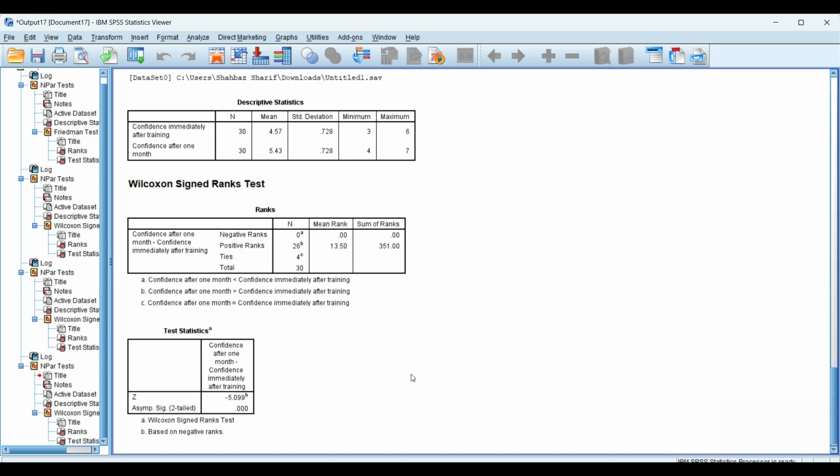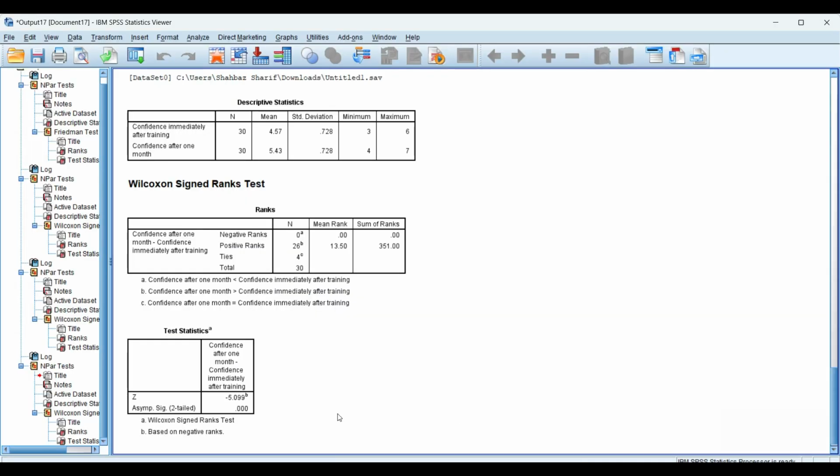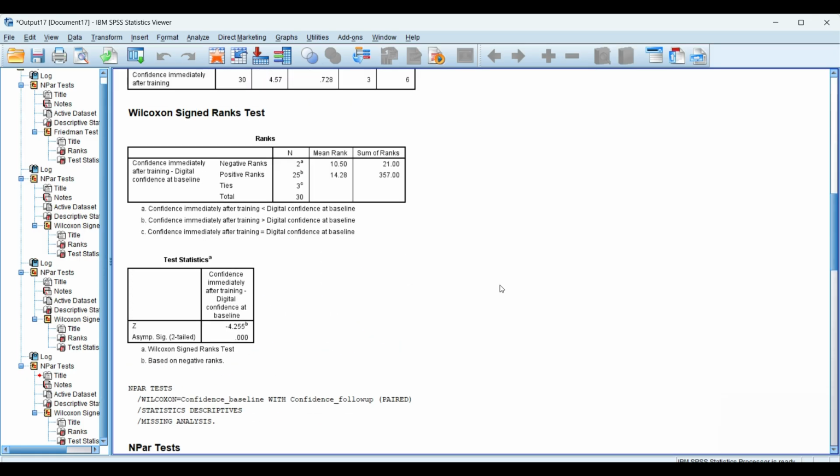So we can also check this by applying the Bonferroni technique. If we divide the 0.05 significance level by 3, we get this value, 0.0167. So the p-value is also lower than this value. You can see from our results that the p-value is lower for this one, this one and this one.